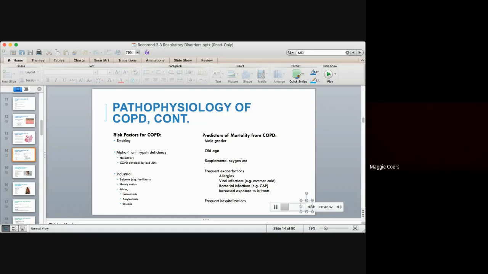Industrial exposure also to things like organic pesticides, industrial irritants like solvents, heavy metals from the mills, also mining work. And in mining work, there was a lot of silica in the mines.